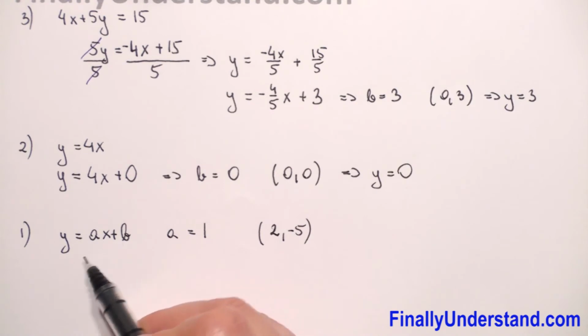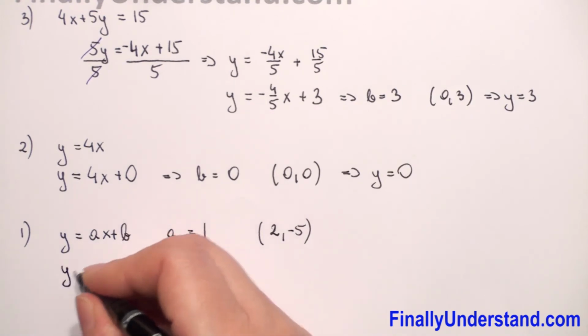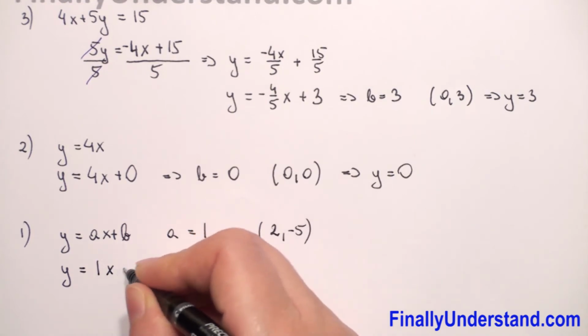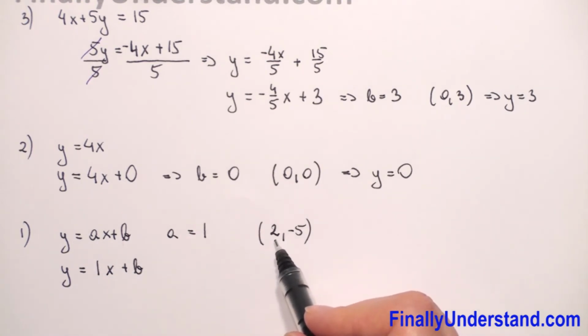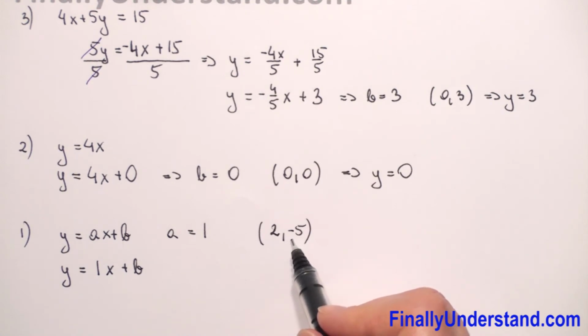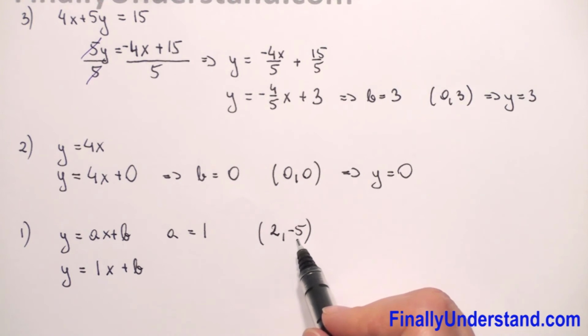In the general form of a linear function, we can substitute a by 1. So we have y is equal to 1 times x plus b. To find the y-intercept, we need b. But we have also been given that this line passes through point (2, negative 5), so the x-coordinate is 2 and y is negative 5.